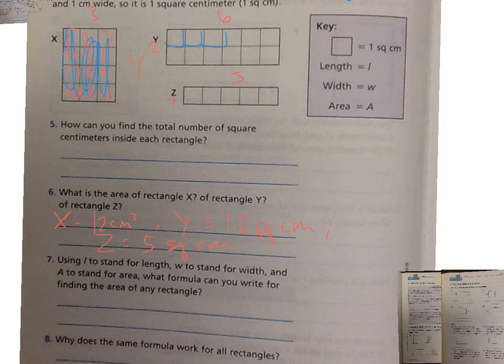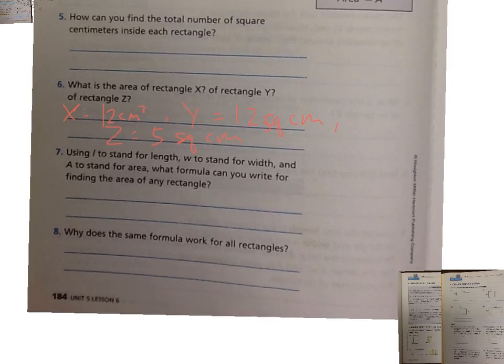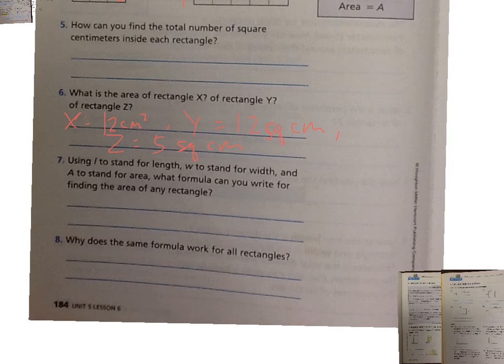All right. So using L to stand for length, W to stand for width, and A to stand for area, what formula can you write for finding the area of any rectangle? Well, basically there's only one, and you can flip it around, but it's basically the same every time. Length times width equals area, or area equals length times width, however you want to do it.